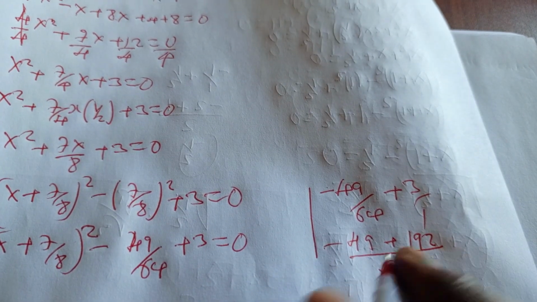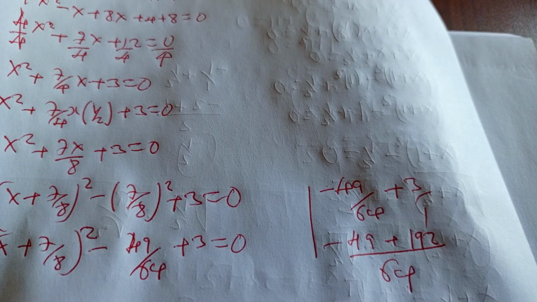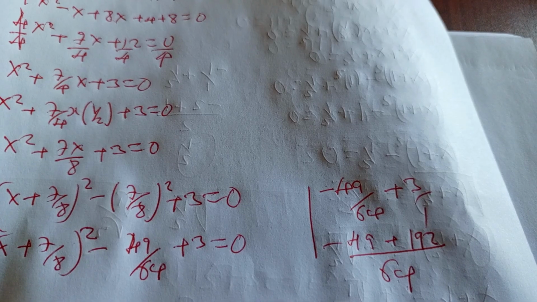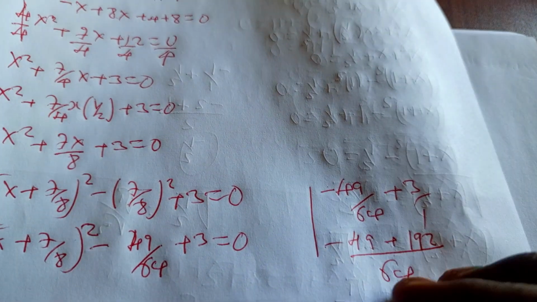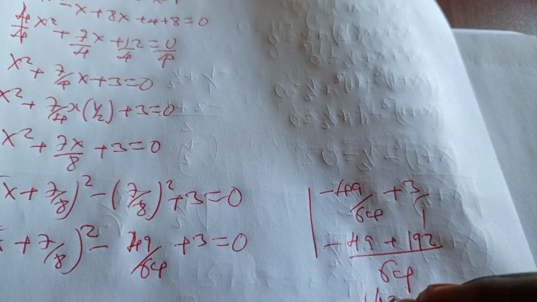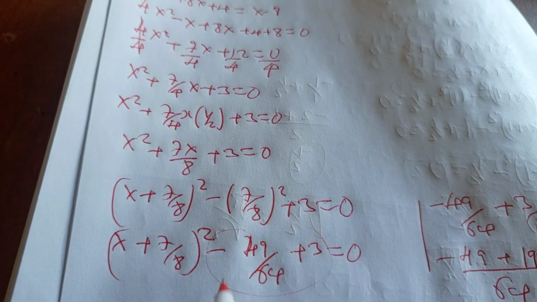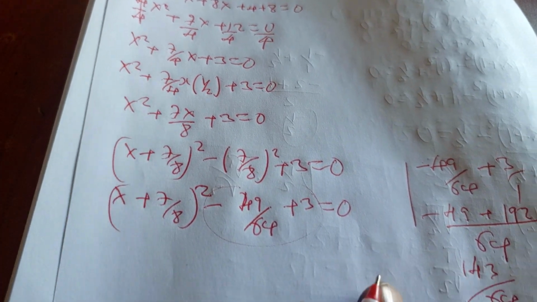So this minus this, we are going to subtract. When you subtract, you get 143 over 64. So it means the answer here is 143 over 64.